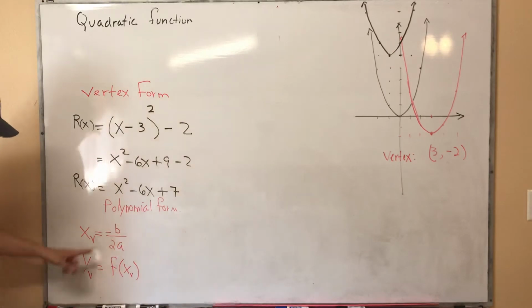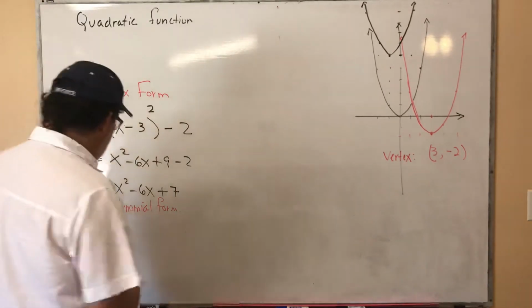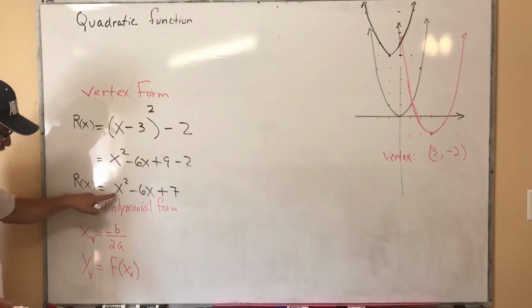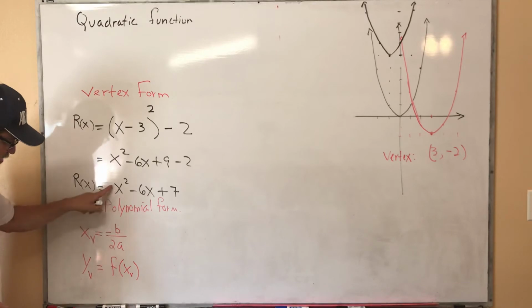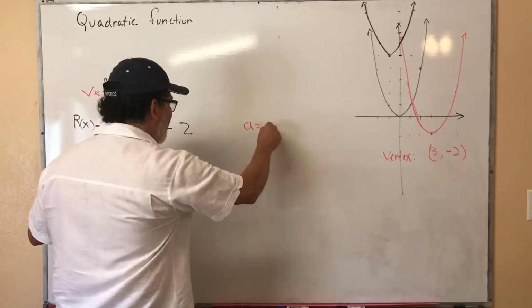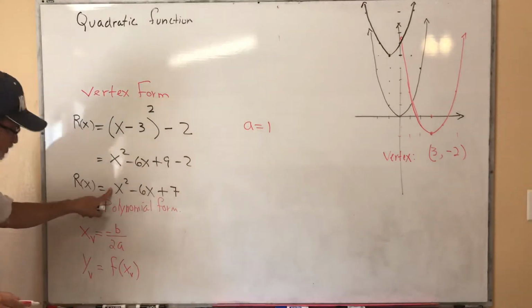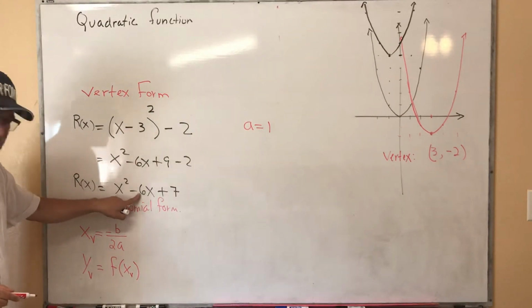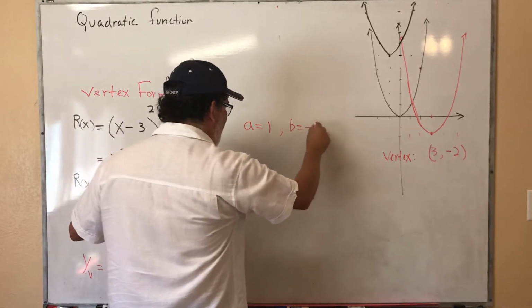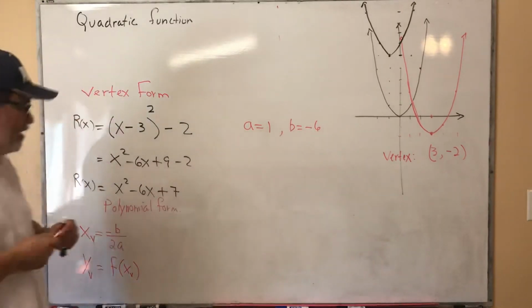Okay. So I need b and I need a. What is b here? And what is a? A is 1. And what is b? B is negative 6. You see that?